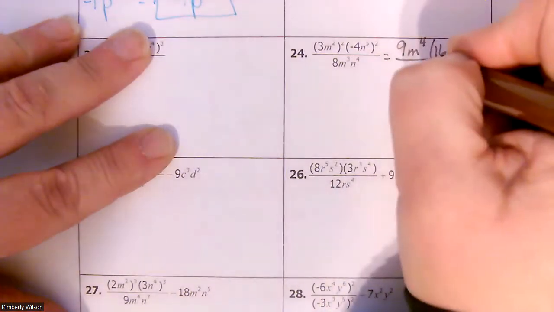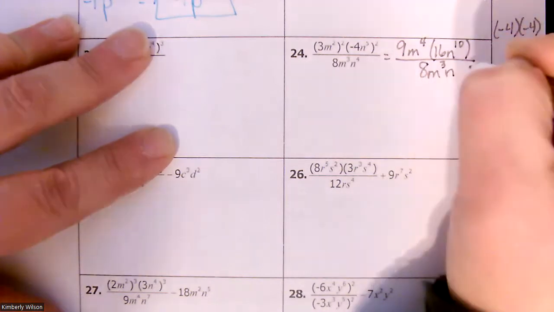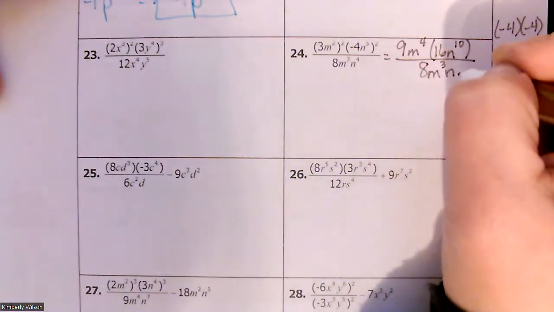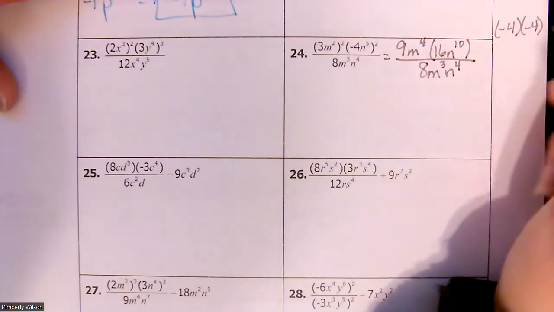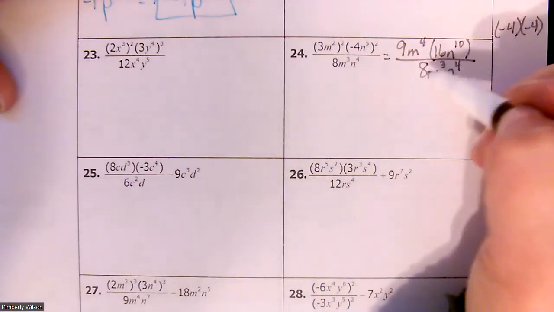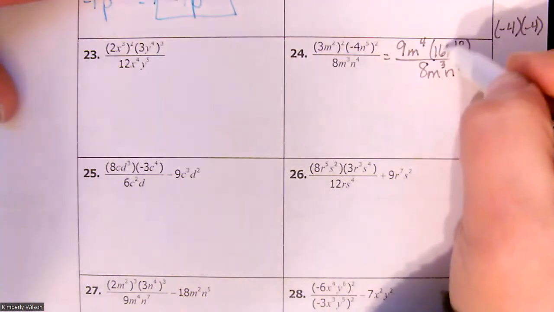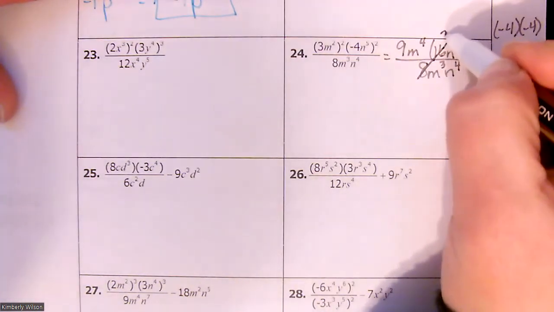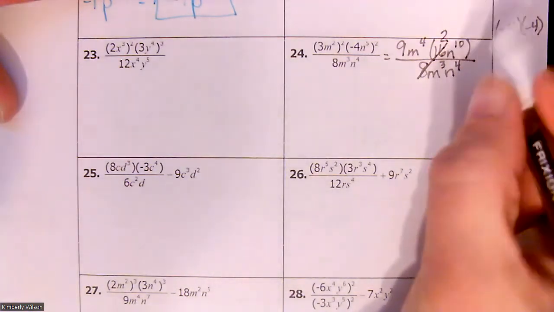All over 8 m to the 3rd n to the 4th. Okay, well, now that I'm doing this, I can see 8 goes into 16 twice. So I can cancel this, and this is going to become a big 2. Okay, so take care of that part.